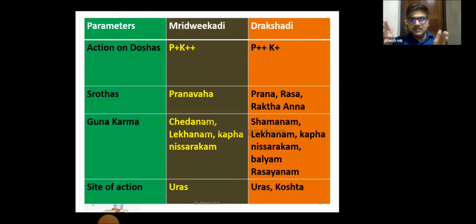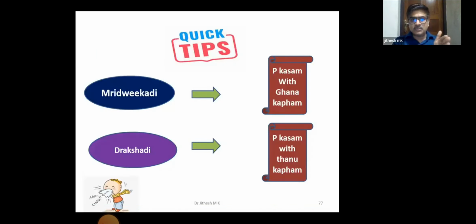Drakshadi is more effective in Pranavasodhas, Rasavasodhas and Raktavasodhas, and that's why the Acharya included Grahani, Pandu, etc. as an indication. Mrudyugadi has Chedana, Lekhana and Kaphanisarga property. At the same time, Drakshadi is more Samana, Kaphanisarga, Balya and Rasayana. The Rasayana Swabhava is not there with the Mrudyugadi. Mrudyugadi is more of Samana and Drakshadi is more of Rasayana. These are the differences between both.